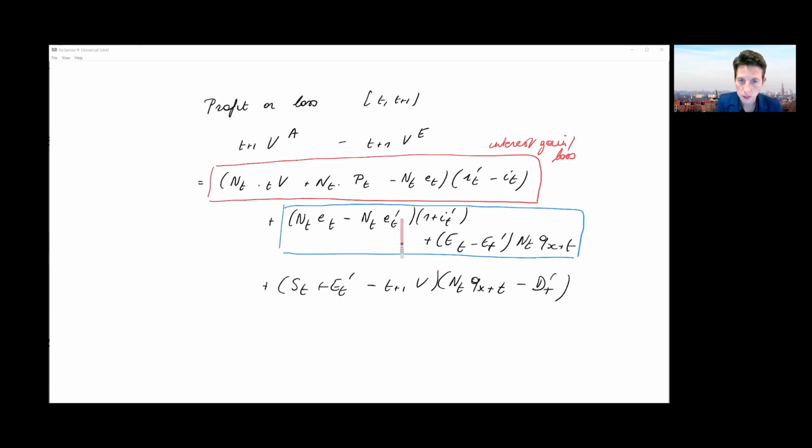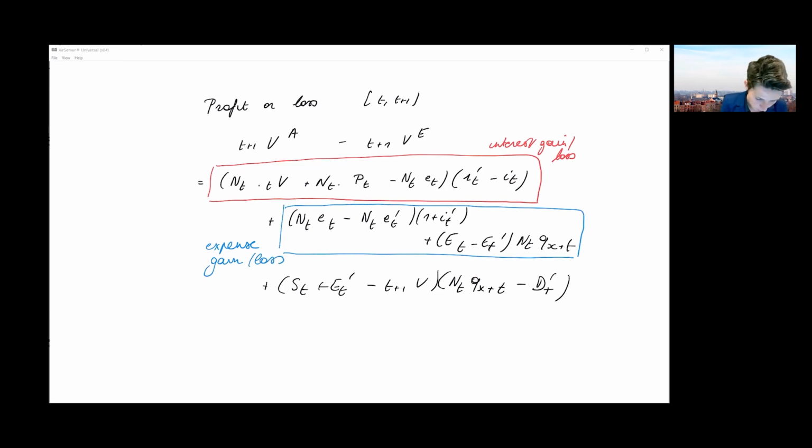Here you see that if the actual expenses, with a prime, are smaller than the expenses that you assumed, both for the premium related expenses as well as for the expenses related to paying out the death benefit, then you're making a profit. So this is the part that deals with the expense gain or loss.